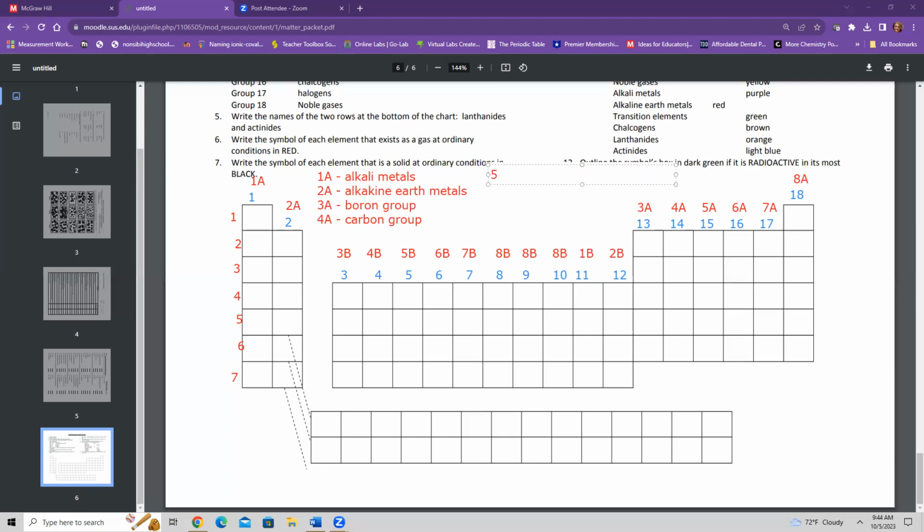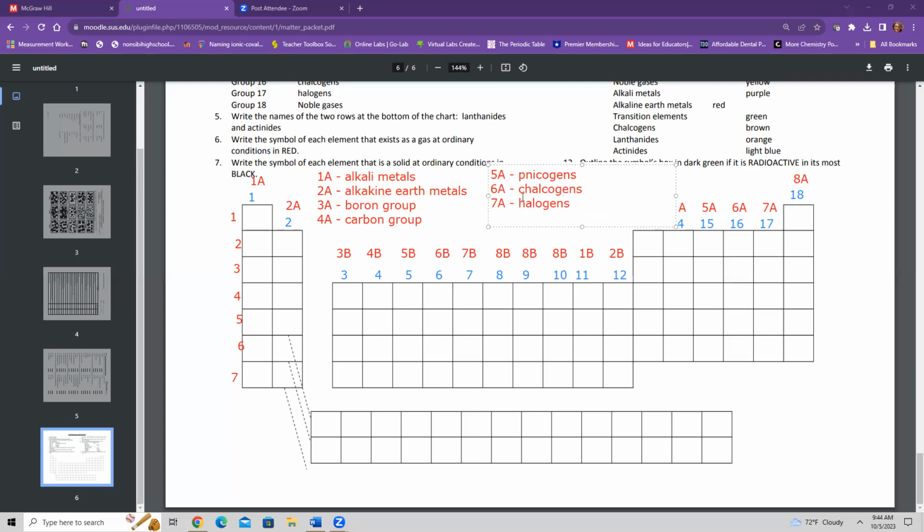So 5A is known as the nicogens. 6A is known as the chalcogens. 7A is known as the halogens.